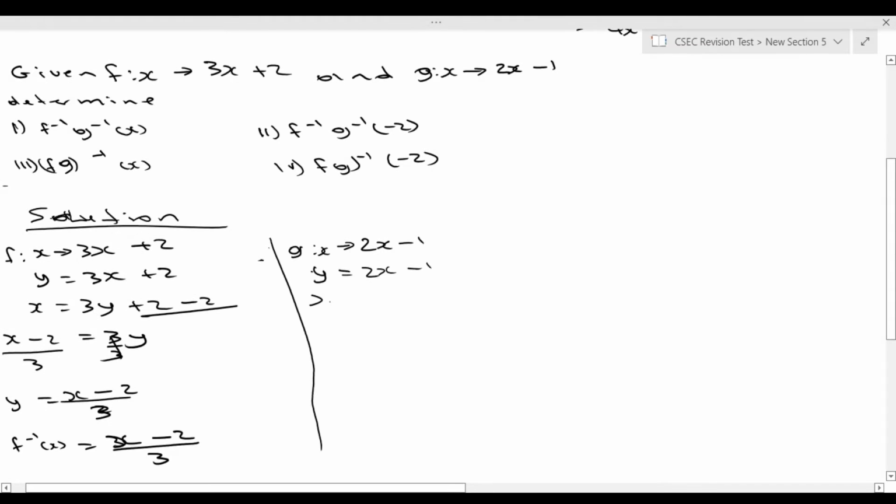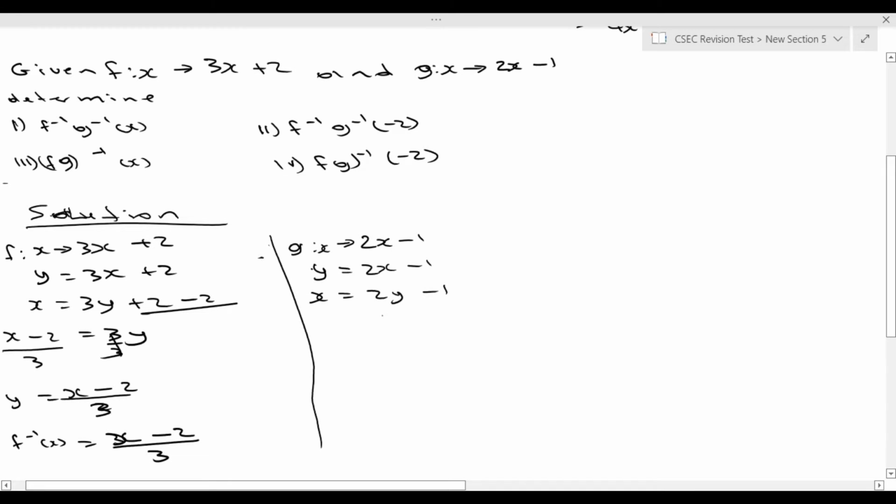Then we do the interchange: x is equal to 2y minus 1. You see, 1 is being subtracted on this side, so we're going to add it on both sides. We'll have x plus 1 is equal to 2y. Let's cancel, dividing by 2 on both sides.